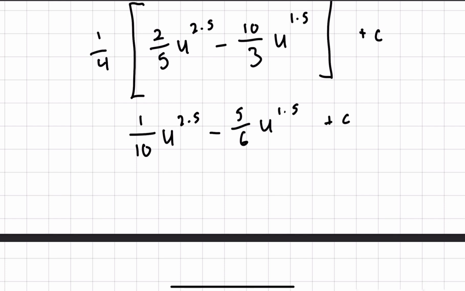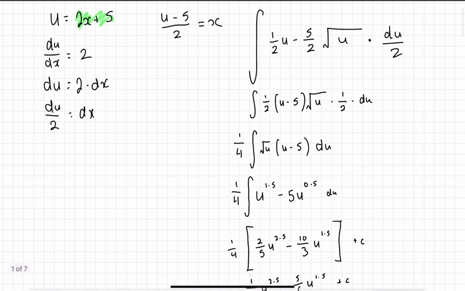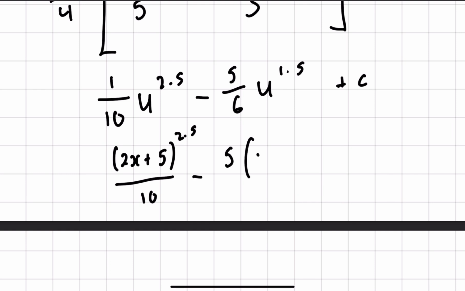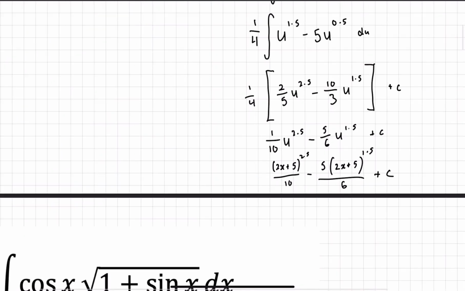So final answer, the U is 2x plus 5, lovely. So we're doing (2x plus 5) to the 2.5 all over 10, minus 5 lots of (2x plus 5) to the 1.5, all over 6, plus C, and we're done there.